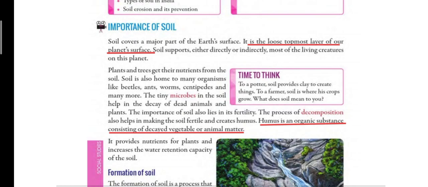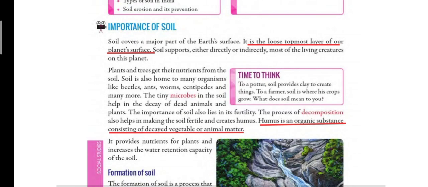Means that humus gives the soil the ability to hold water, and when the soil holds the water, then only the crops and the plants will grow properly in it.